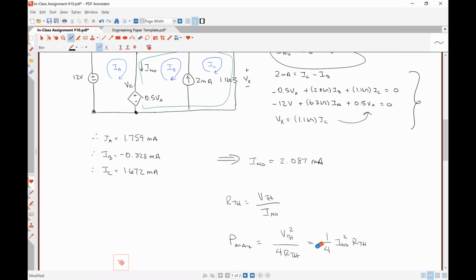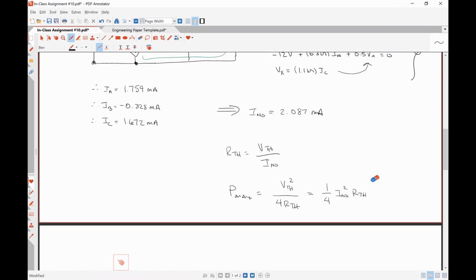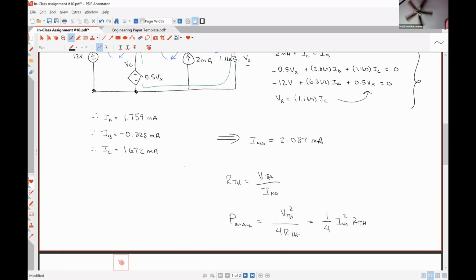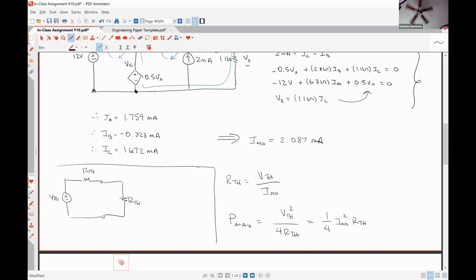Where did the 1/4 come from? So if we have a practical voltage source, V Thevenin in series with some Thevenin resistance, and then the load is in series with the Thevenin resistance as well, because we want maximum power transfer to occur, our load voltage here, VL, is just VTH divided by 2.